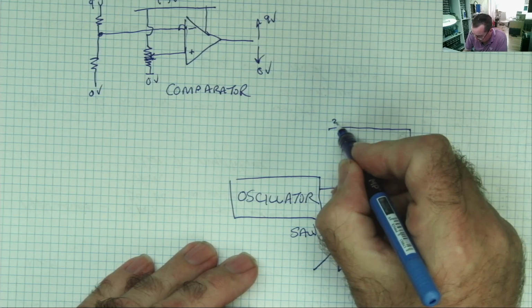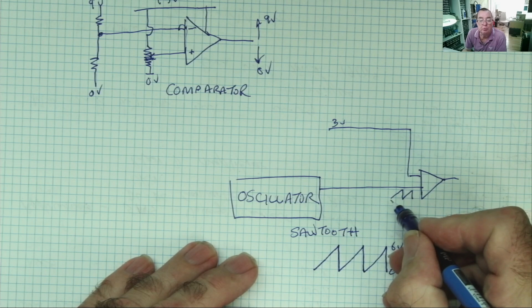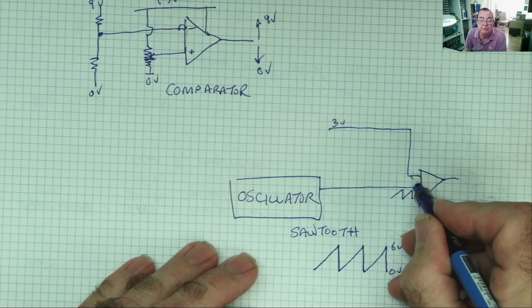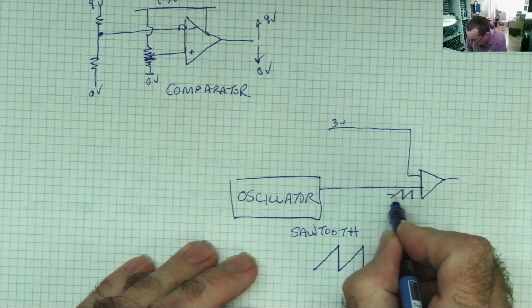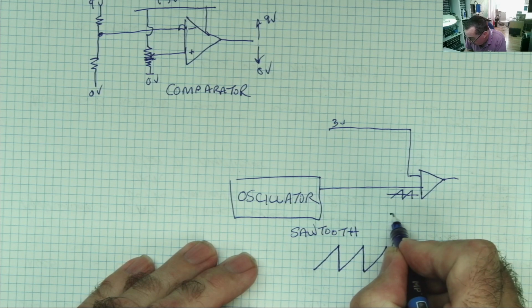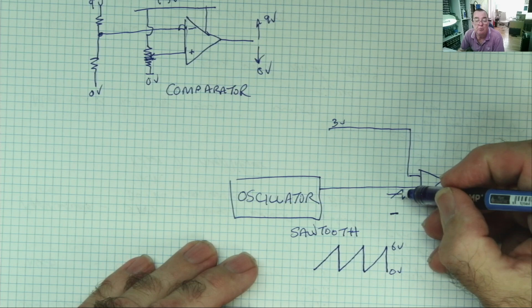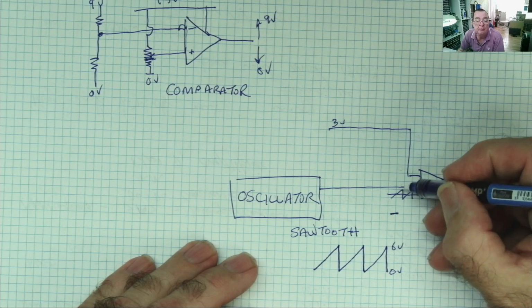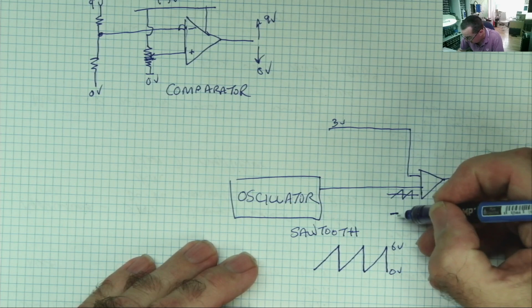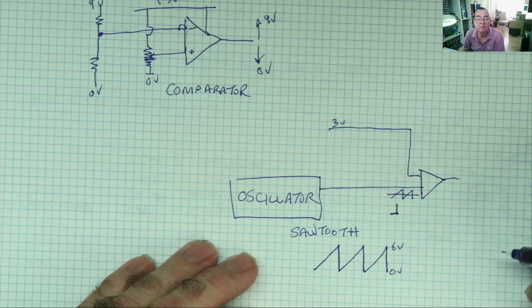So if we put, say, 3 volts on here, the sawtooth will ramp up, and during all the time it is below 3 volts, the output will be low. At the point at which the sawtooth goes above the 3, the output will go high to 9 volts. Okay?